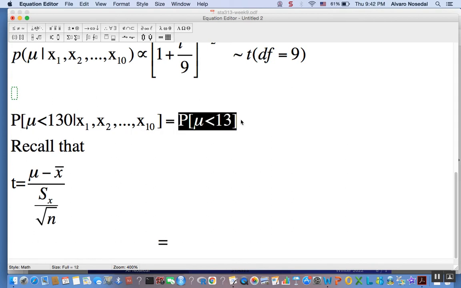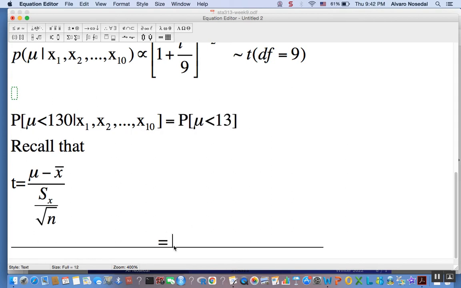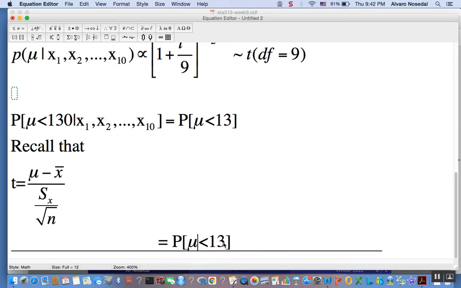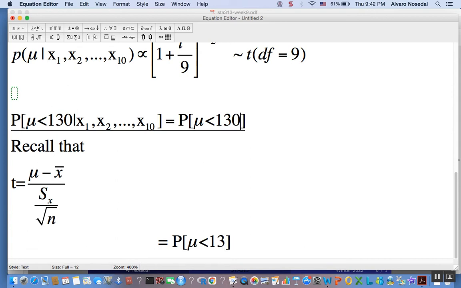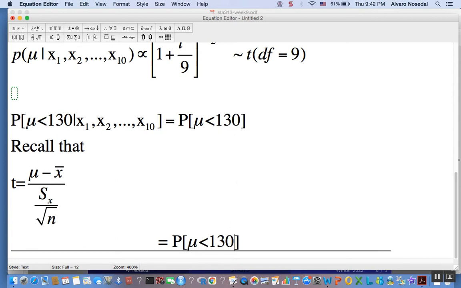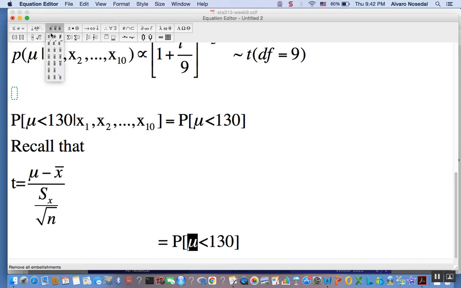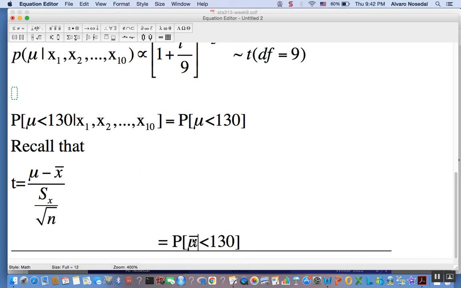So we're going to write an event that is equivalent to mu less than 130, by the way. What we have to do is subtract the sample mean, x bar. Oh sorry, not what I wanted to do.